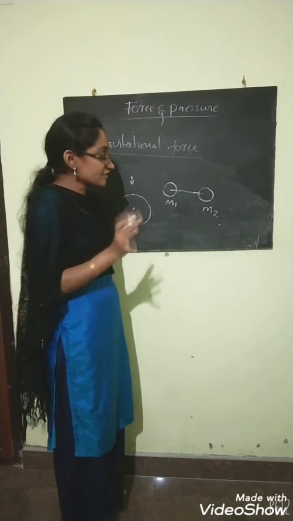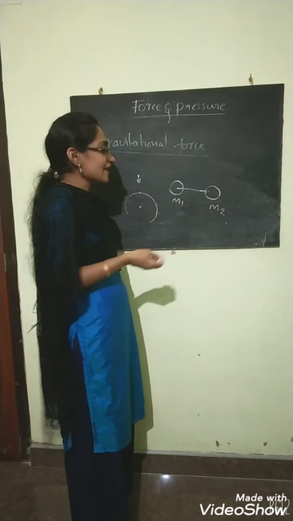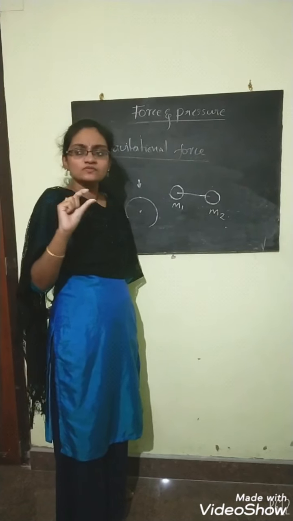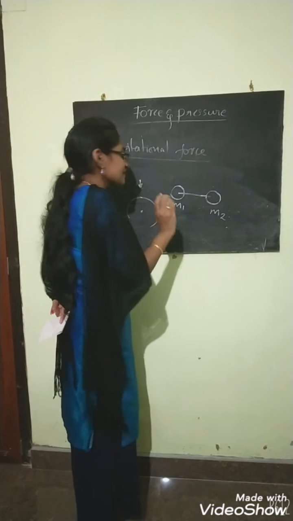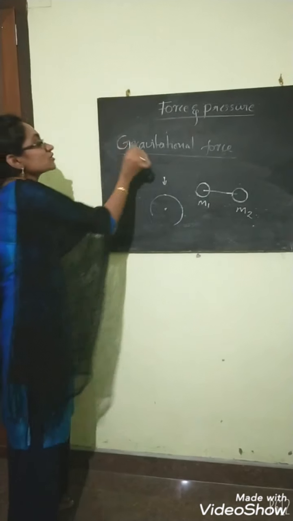Each and every object in this universe attracts each other. Maybe that attraction is very small or feeble, and the strength will vary. This is the force called gravitational force.